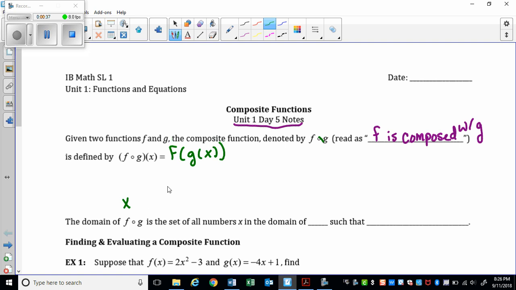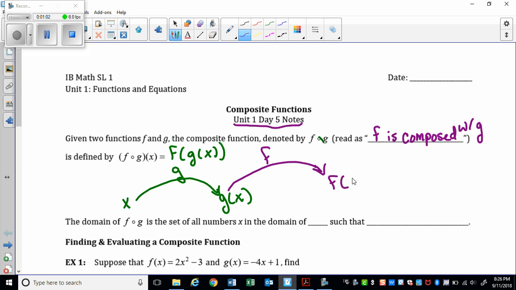We start with x and we substitute it in for the g and we get g of x. And then we get a number or an expression and we substitute that in for the x values of your f. And then we're going to get my final f of g of x.